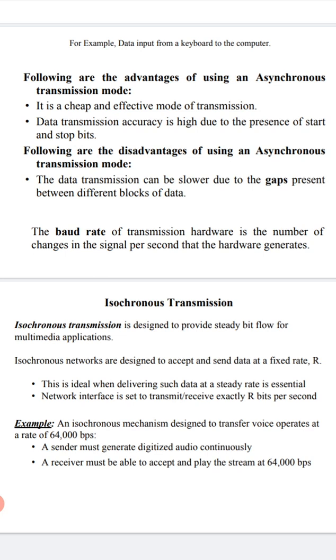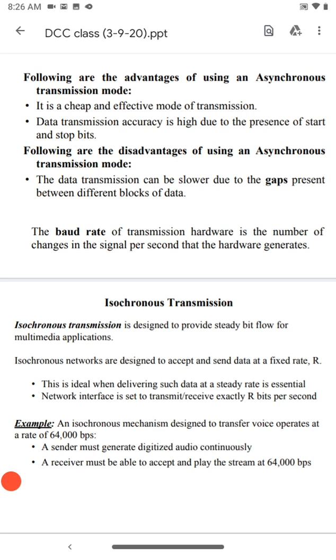This type of network is designed to accept the data at a fixed rate, or it is ideal when delivering such data at a steady rate is essential. The network interface is set to transmit and receive exactly the given bits per second.